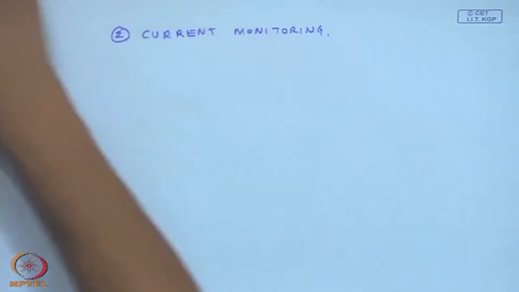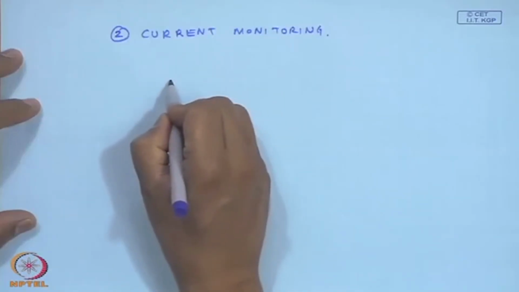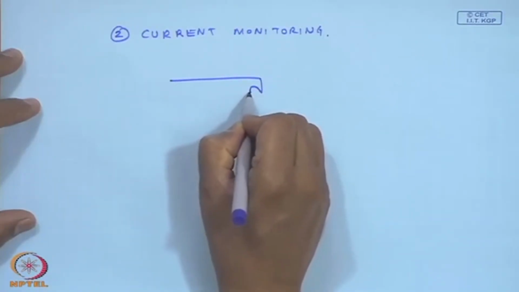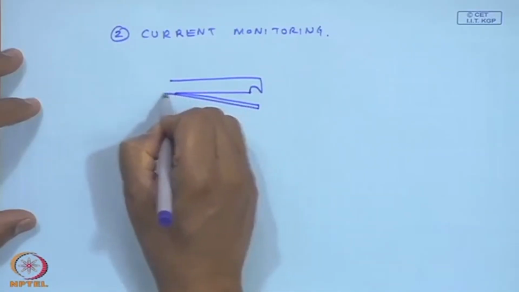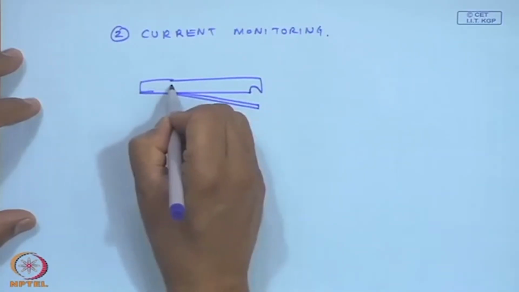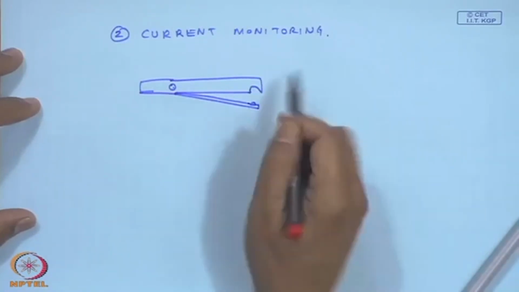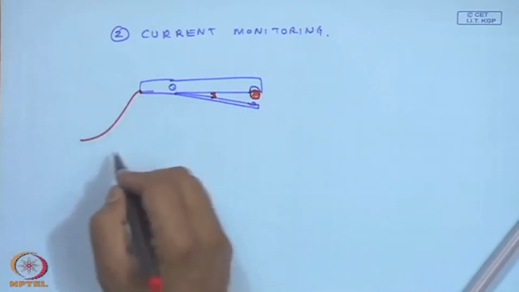In this experiment, to measure the current, we are actually using a Hall effect sensor. If you can see, the sensor is like a clamp-on conductor, basically something like this. It is spring loaded, the conductor will actually come here and then you will get a voltage.